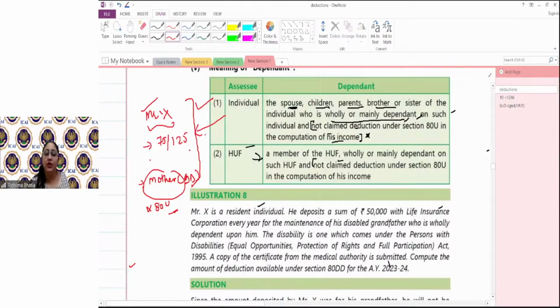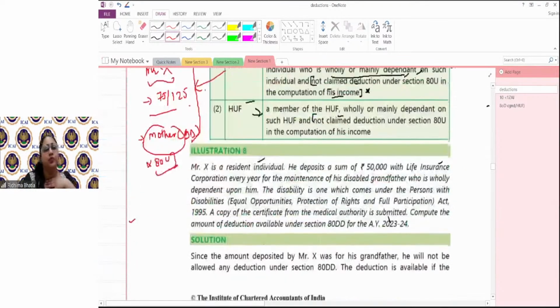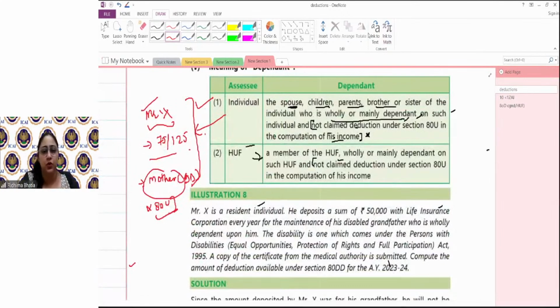But for Mr. X to claim 75 or 125 for maintaining a dependent disabled, the mother in her return should not claim 80U. Got it? Any doubt? Same goes for the HUF also. So we have now done 80DD and also 80U.